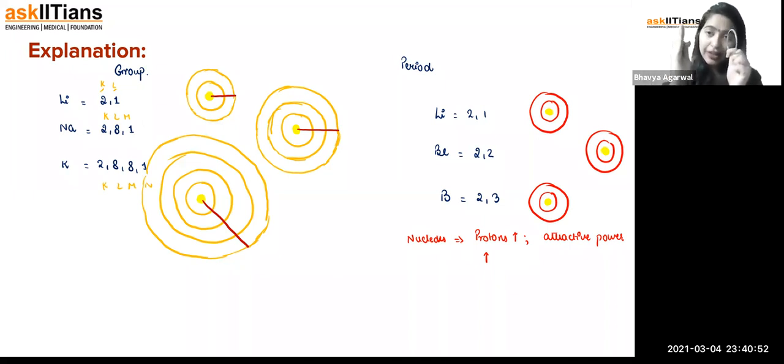So the entire shell is a little stretched, or it's a bit attracted towards the nucleus. Since it is attracted towards the nucleus, the distance will decrease. Now, whose distance will decrease? The distance between the outermost electron and the nucleus. And this is what is known as effective nuclear charge, represented by Z effective.